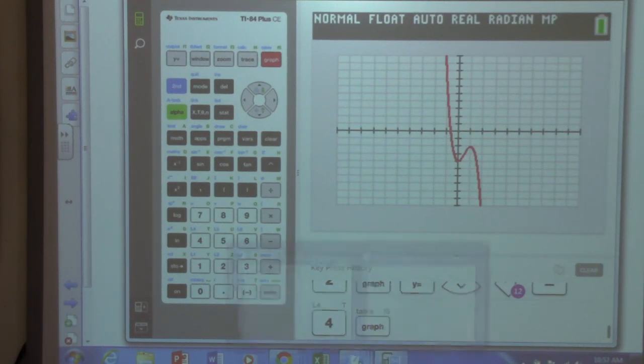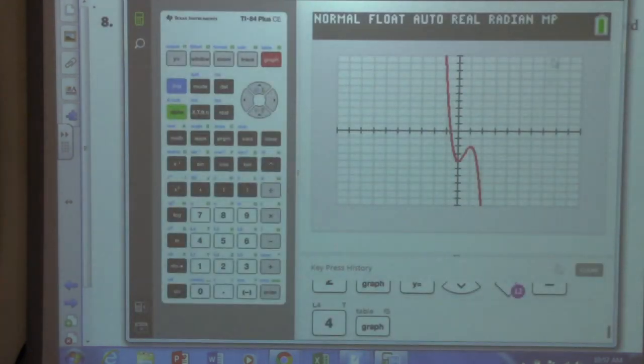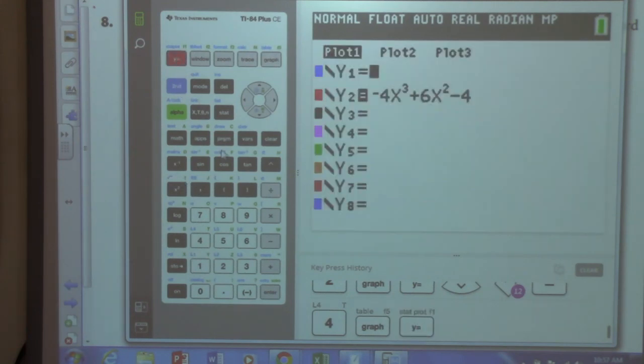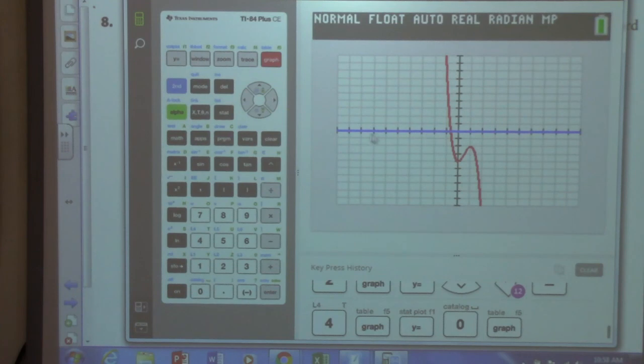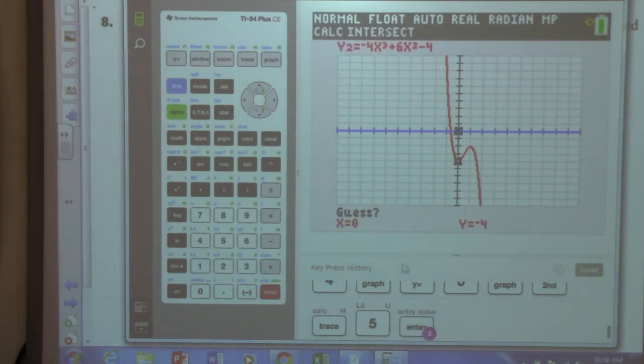Okay, and then we're being asked the equation of the tangent line. So for the x value, you can do it a bunch of different ways. One way I like doing these is just making another equation and then finding the intersection: second trace 5, enter, enter, enter.